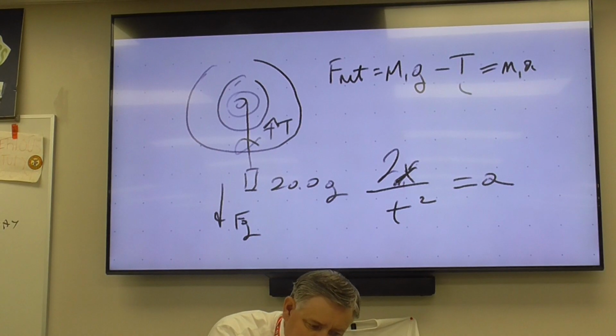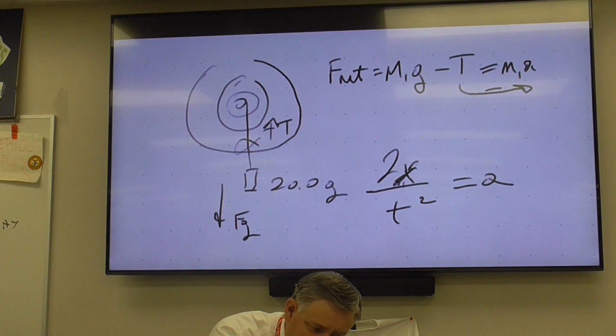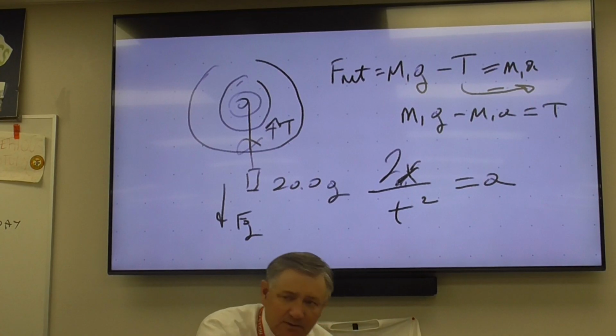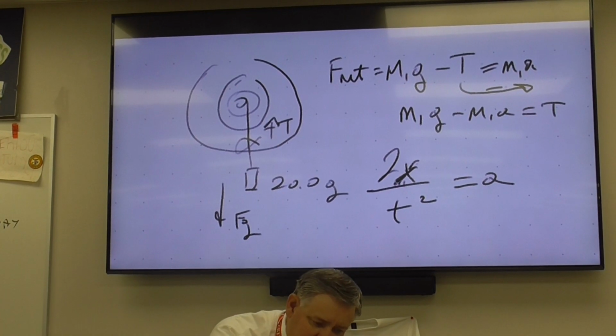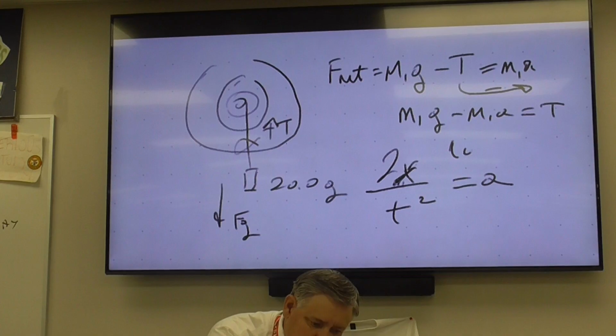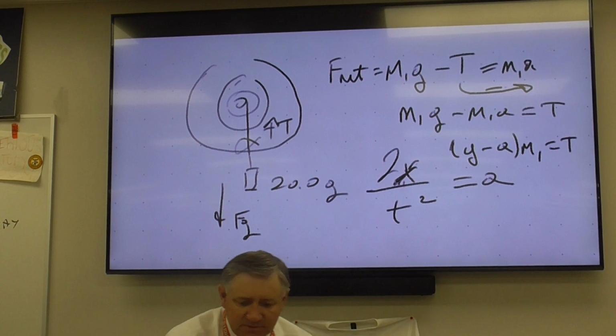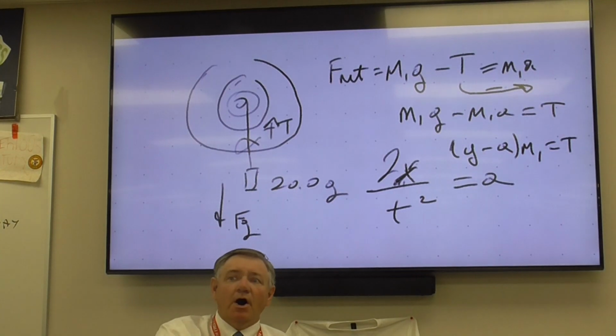So, if I move this tension over here, and move that M1 A over there, then I've got M1 G minus M1 A equals the tension. You factor out that M1, you've got (G minus A) times M1 equals your tension, okay?